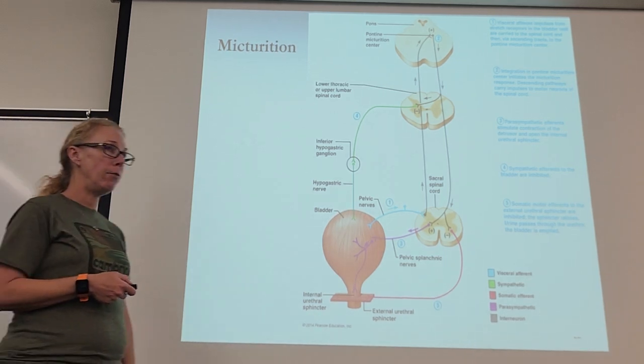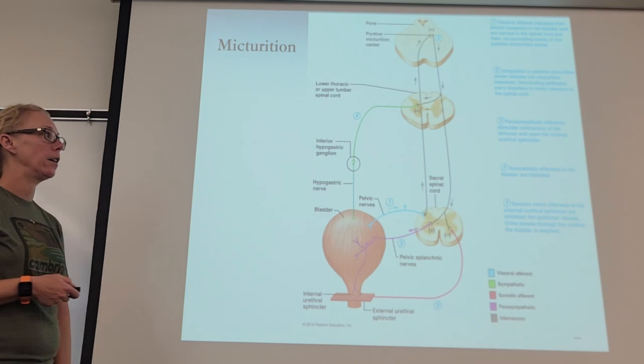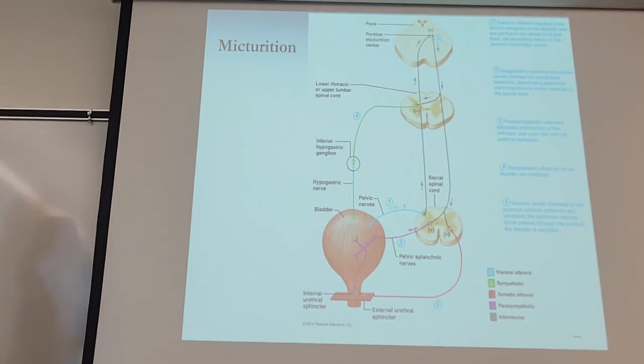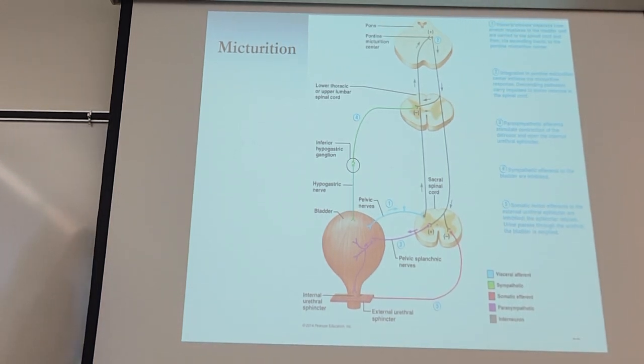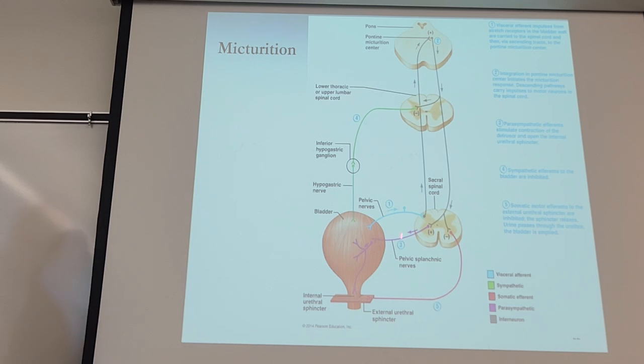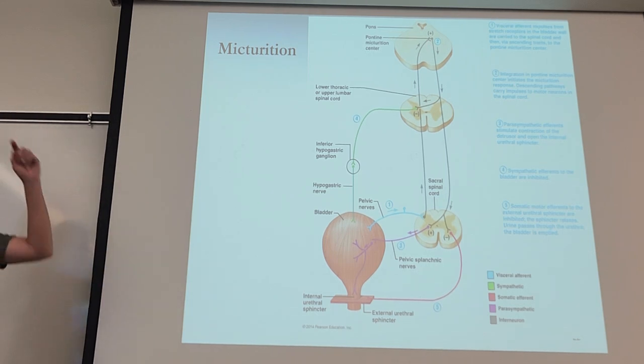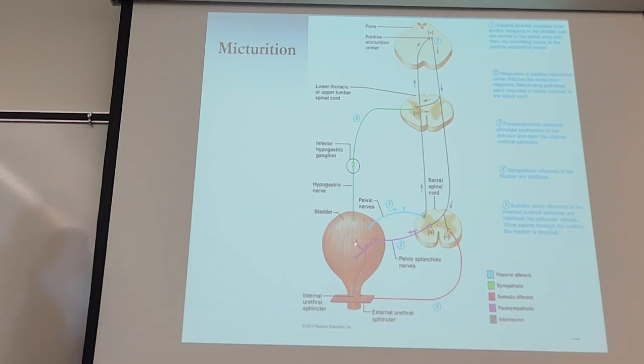Now this is a reflex. It's a reflex because you don't have conscious control over this, okay. So that's why the tract stops here at the pons. It doesn't go to the cerebral cortex. Okay? Yes, there's another synapse that's going to go up there so that you know, oh, I kind of feel like I have to go to the bathroom. Okay, fortunately. But this contraction of the detrusor and relaxation of the internal urethral sphincter, smooth muscle, you have no control over this.